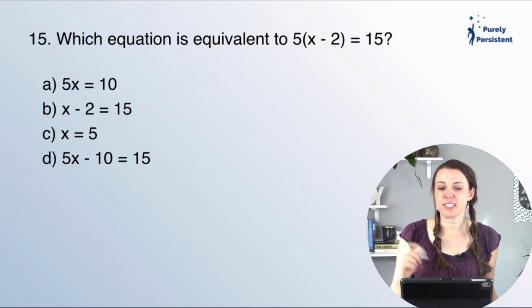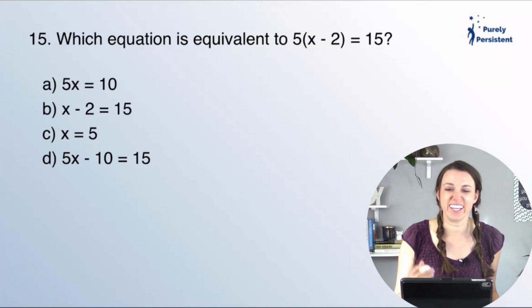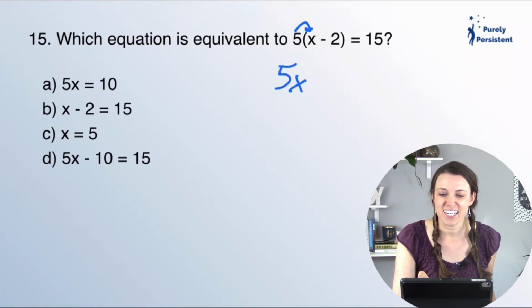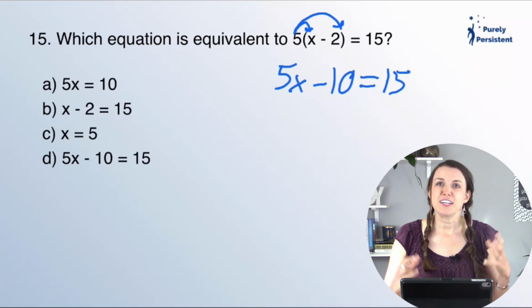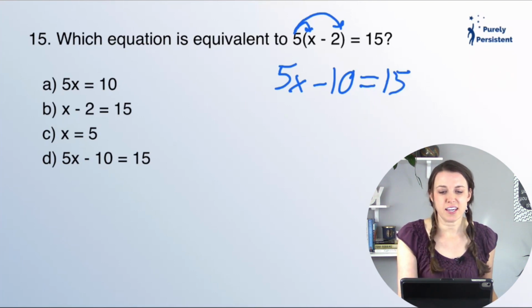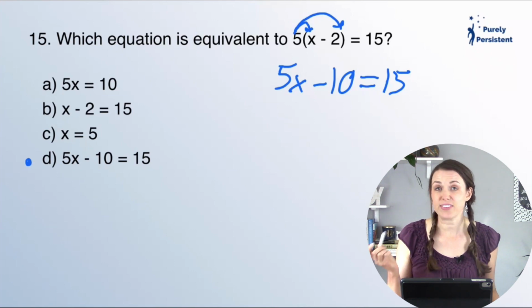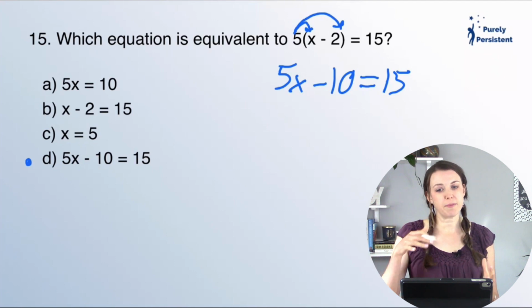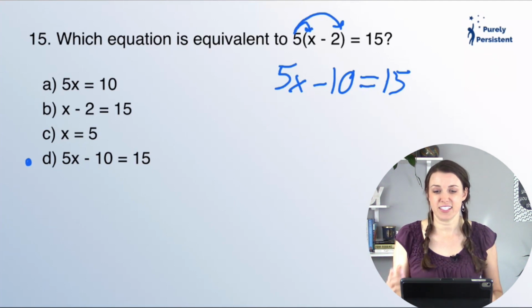Which equation is equivalent to this? Okay, so let's just solve it. We're going to go 5 times x is 5x, and then 5 times negative 2 is negative 10 equals 15. So if you look at the answers, you can see here that D is 5x minus 10 equals 15. However, we're going to go just a little bit deeper and we're going to simplify this, okay?